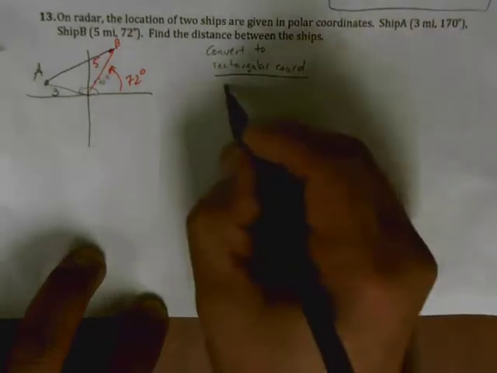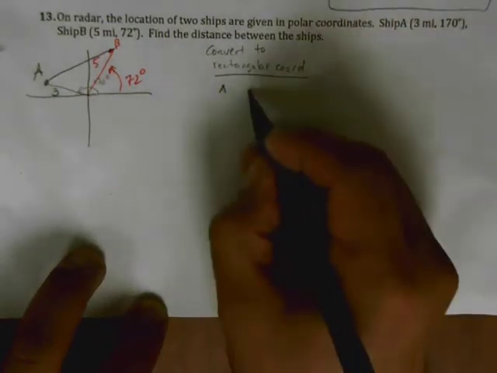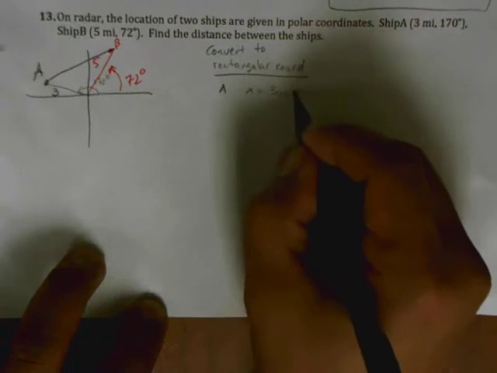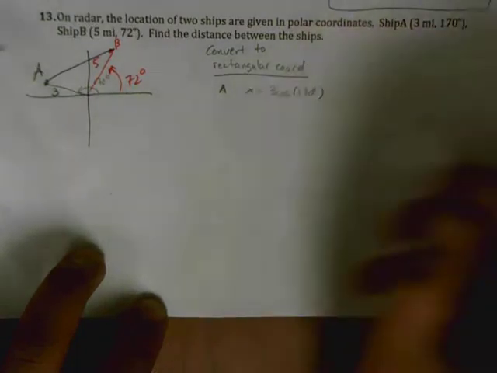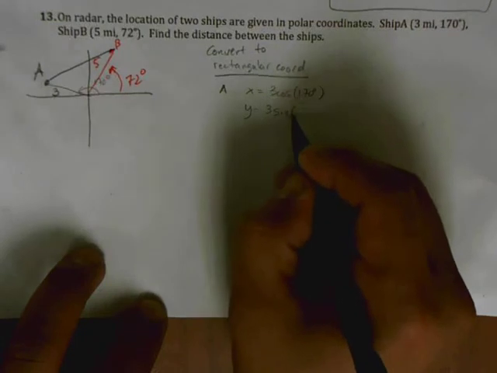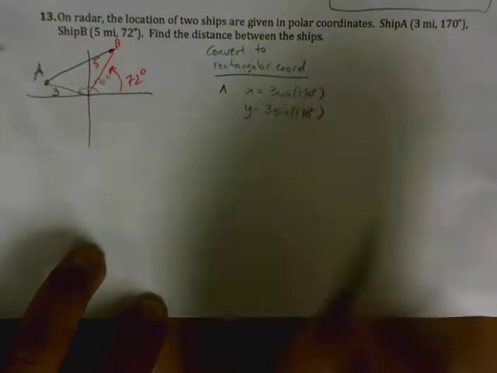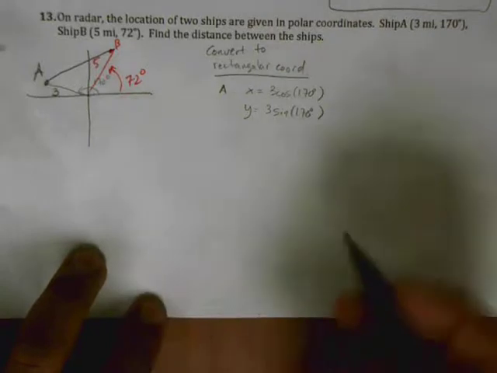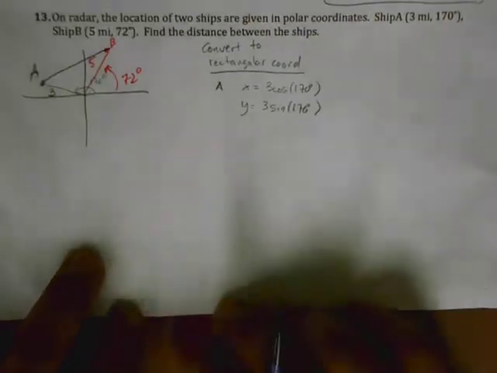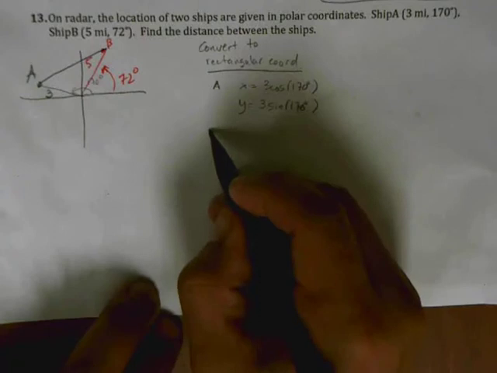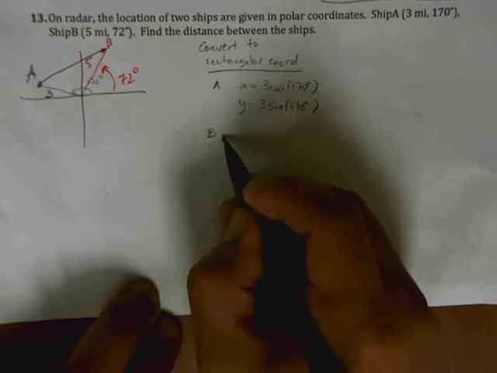So let's do this for A. So x is going to be 3 cosine of 170. Y is going to be 3 sine of 170. Okay. And these numbers have an actual value. I'm not going to calculate them just yet, just leaving it here so that you can see the math behind it.